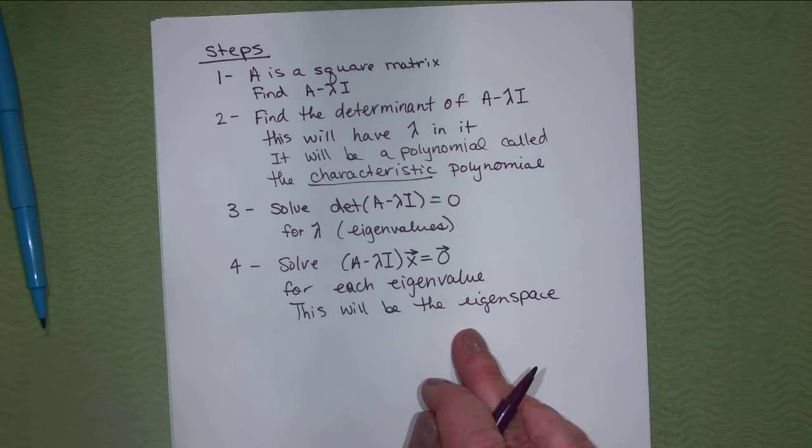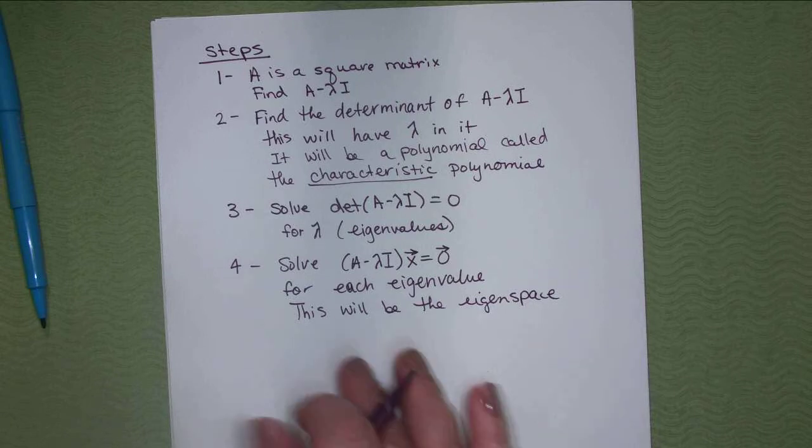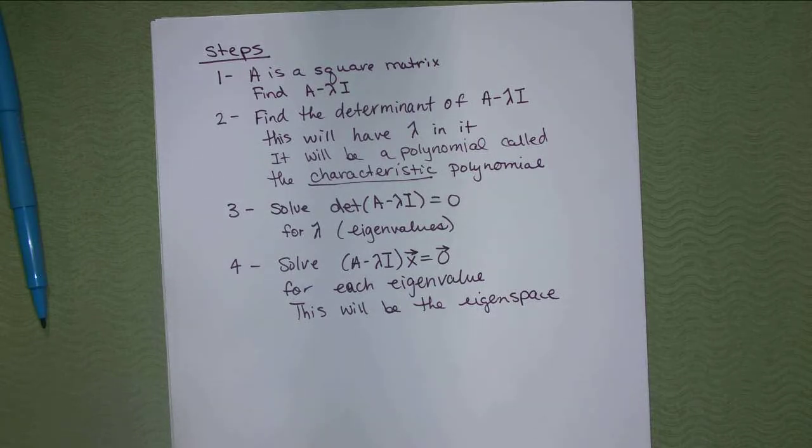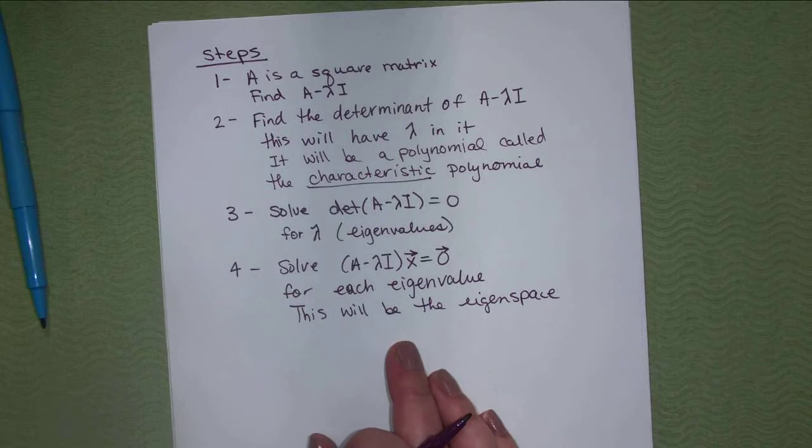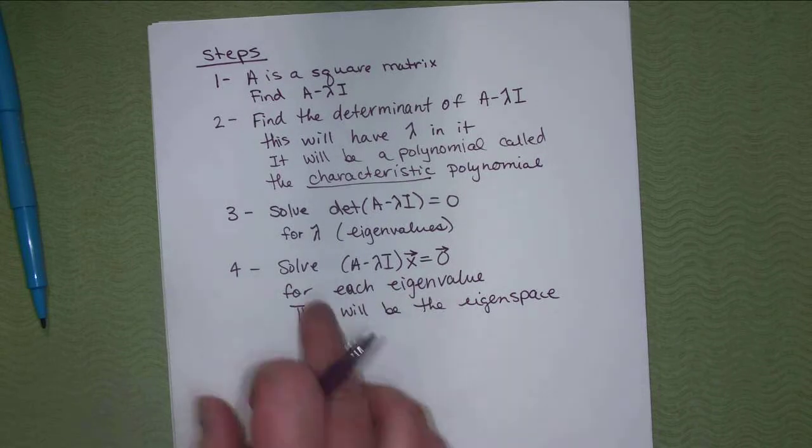All of the vectors together with that t in front of it, the parameter, when we write it in parametric form, that is the eigenspace. If we write one example vector in that space, that's the eigenvector. Okay, so you can list as many eigenvectors as you want once you've found this solution.